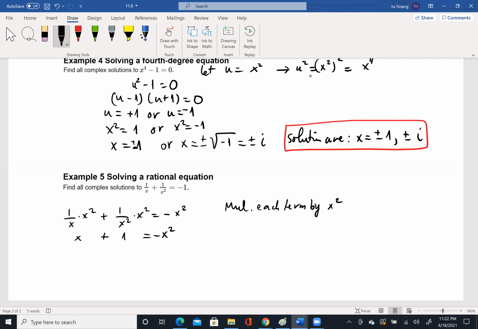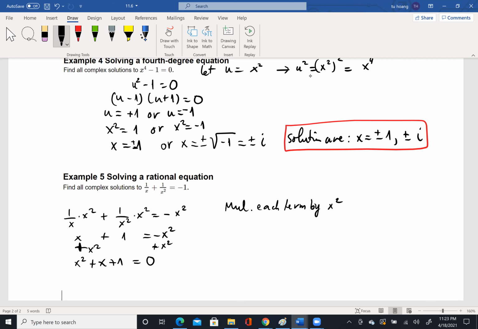And if I add x squared to both sides, then I have x squared plus x plus 1 equals 0. For this one, I don't think that we can factor it.